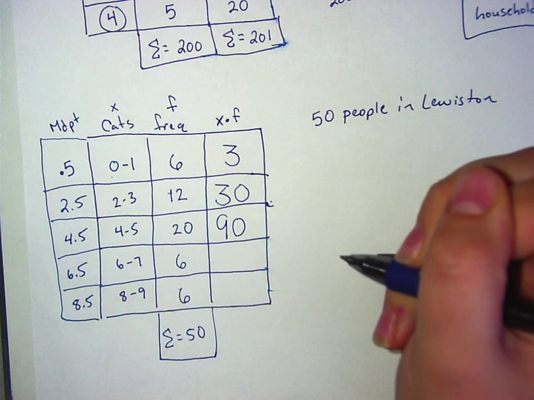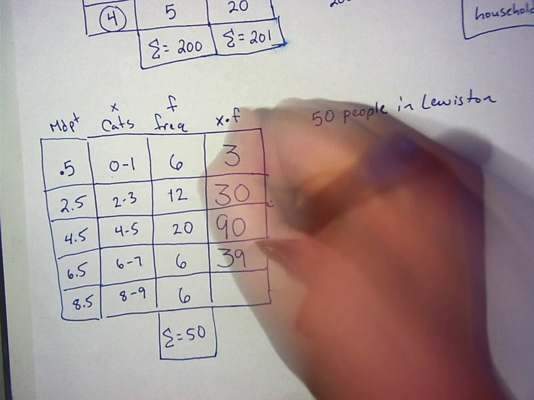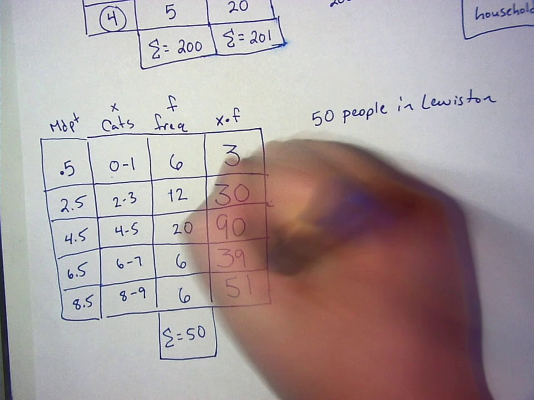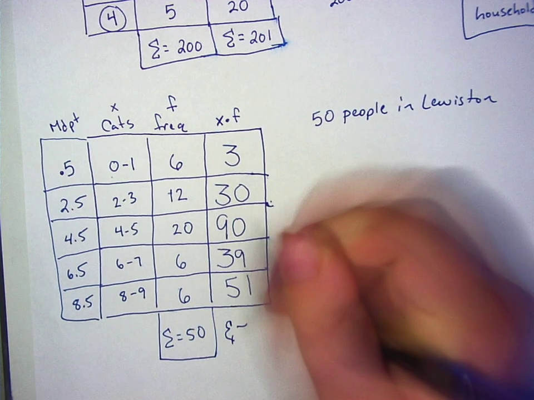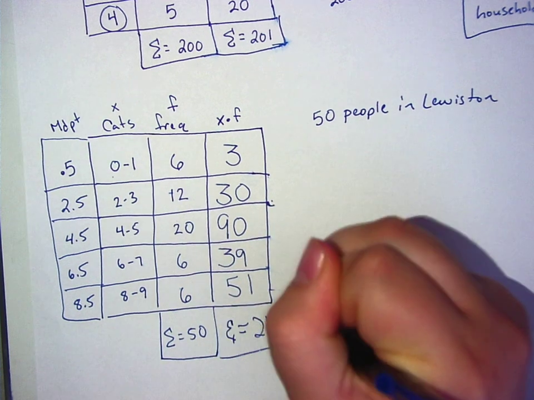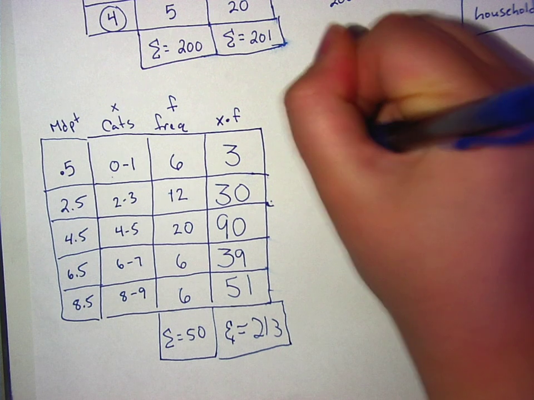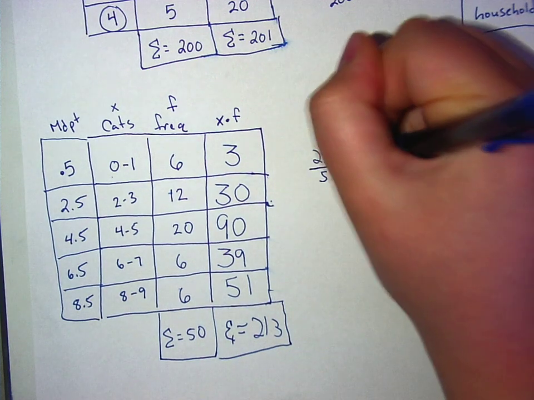And then 6.5 times 6 is 39. 8.5 times 6 is 51. And you add all those luxurious numbers up, and you get 213. And then off to the side, you divide 213, which is how many cats you have in your house. I mean, in total. Everybody does.